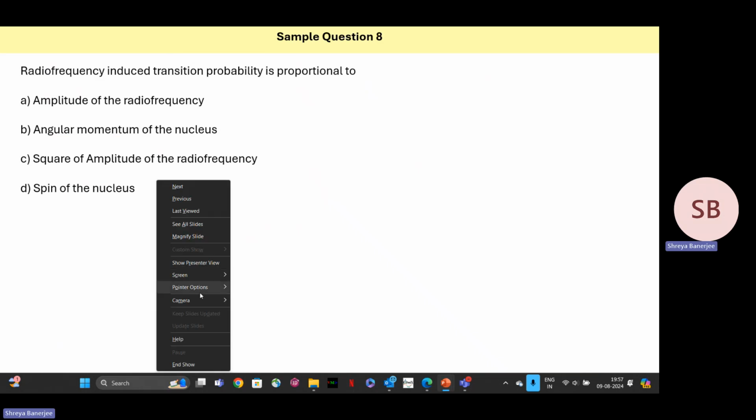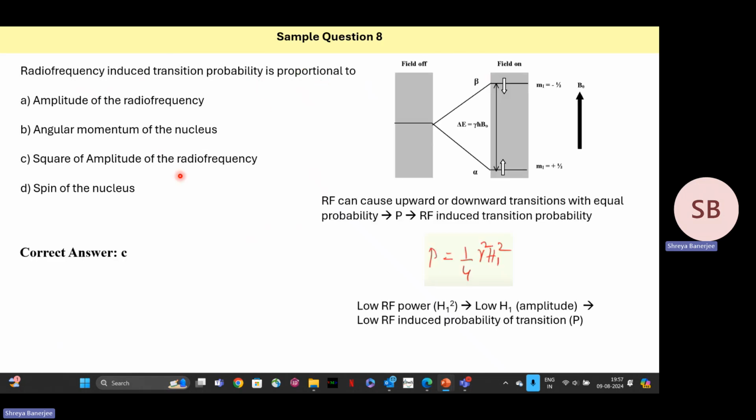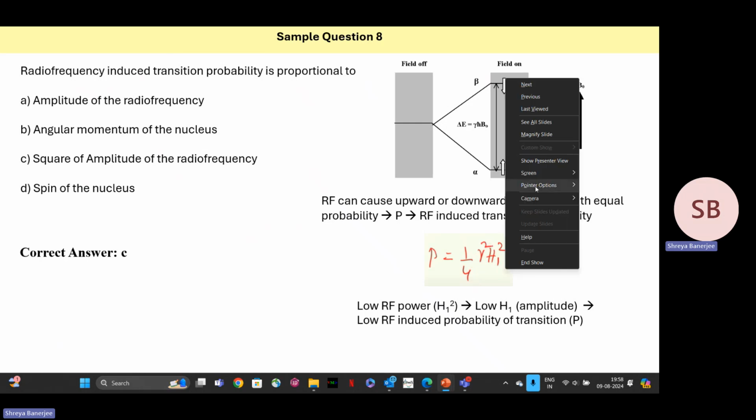Then you have the question that radio frequency induced transition probability is proportional to what? So here the formula to remember is that the radio frequency induced transition probability P is equal to 1/4 gamma squared H1 squared, where gamma is the gyromagnetic ratio and H1 is the amplitude of the radio frequency.